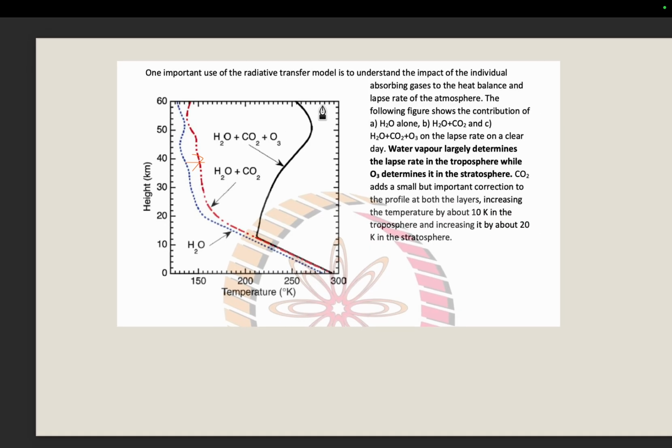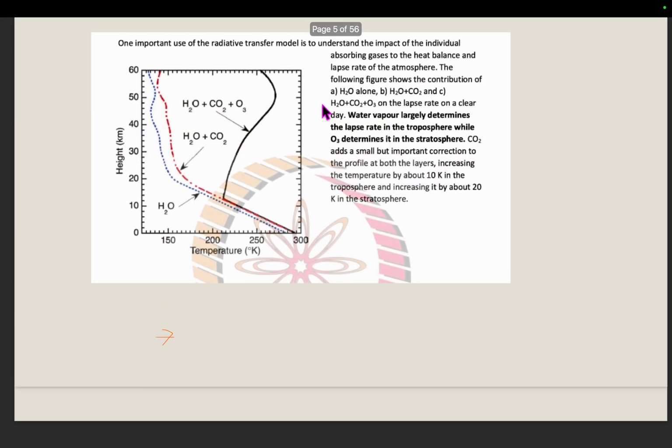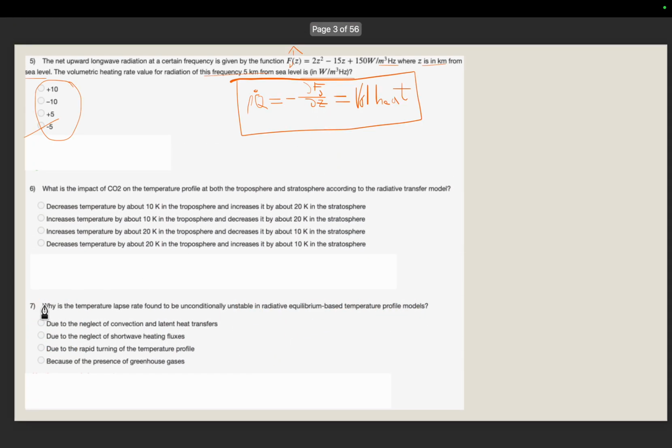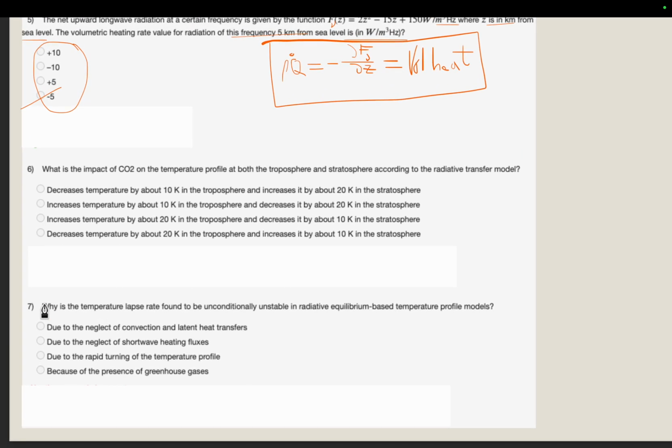Now we can revisit what is the impact of the carbon dioxide in the temperature profile at both the two lower layers, that are troposphere and the stratosphere, according to the radiative transfer model. Option 1, carbon dioxide decreases temperature by 10 Kelvin in troposphere and increases it by 20 Kelvin in stratosphere.